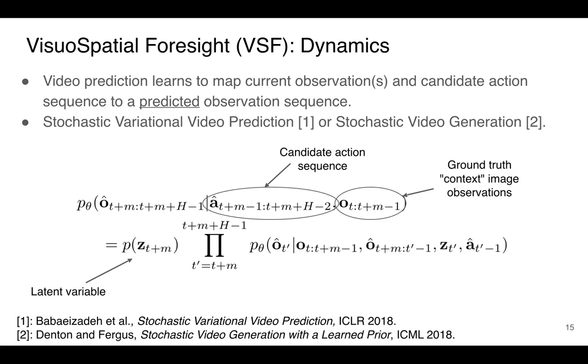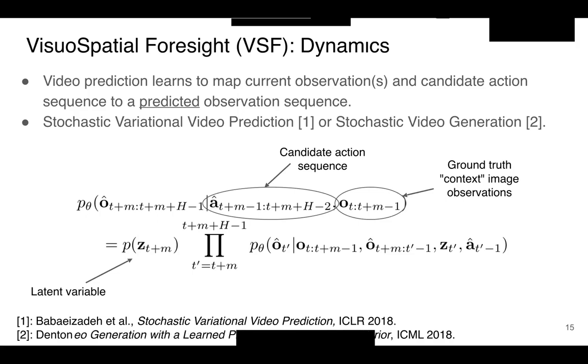Those are images from the prior time step up to the current one. And the factorization will result in some draws of a latent variable, where each draw of a latent variable will produce different plausible futures, which is important because the context images might not contain enough information to convey all the physics properties of the simulation.